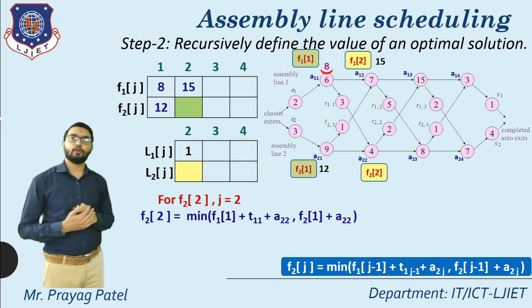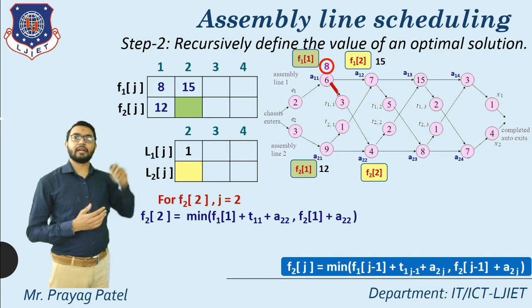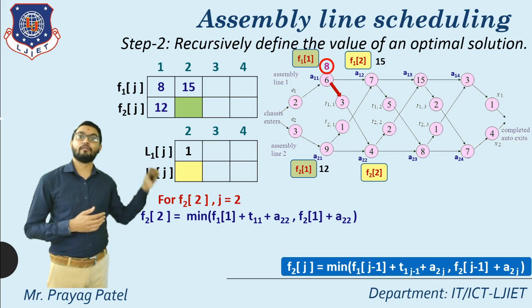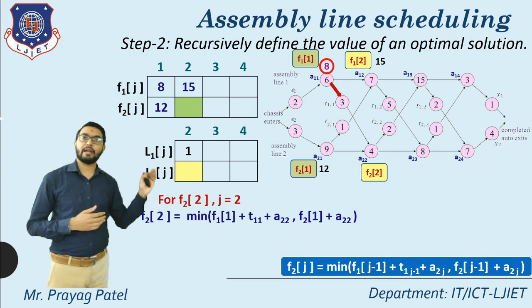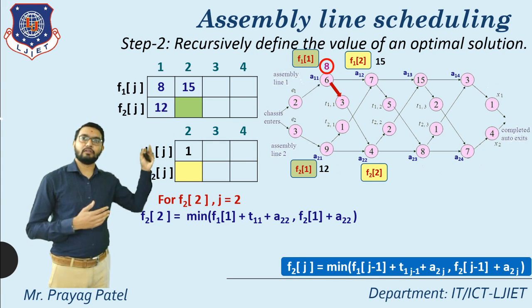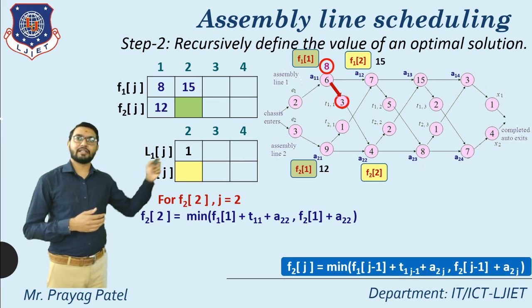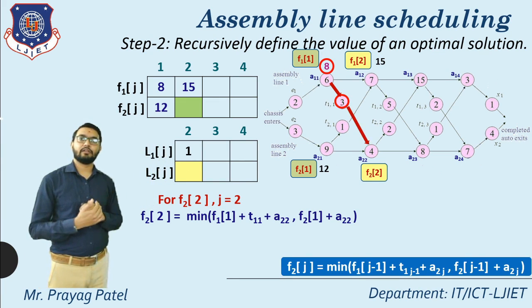Now consider the values here. First value is 8 for F11. Then consider the path from line 1, because the first part is from line 1 and the second part is from line 2. Remember this point. So here consider 8, then this path with 3 as the value of T11, then this path, then the value of A22 equal to 4.